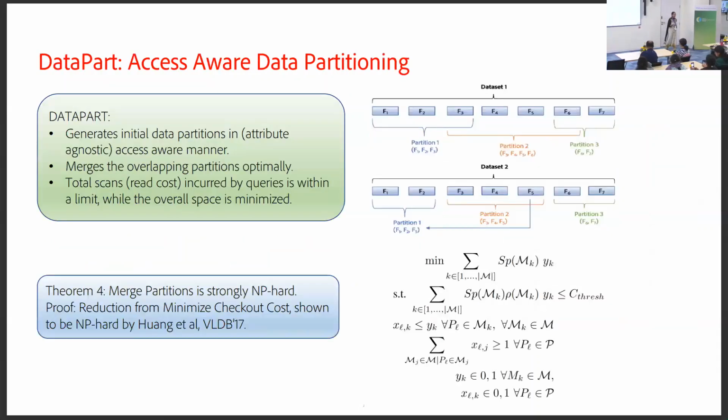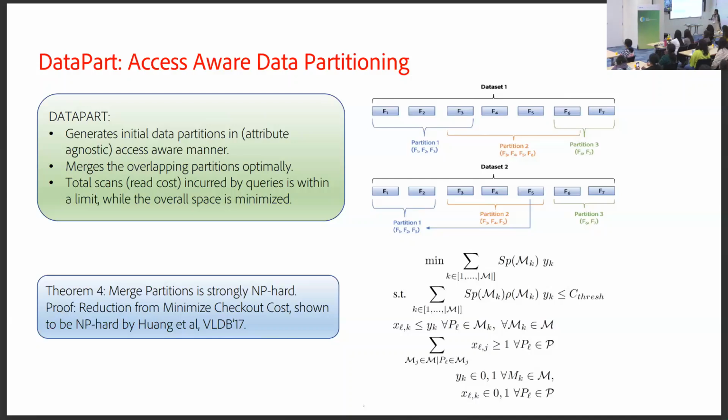Now, finally, coming to this orthogonal part, where we want to do workload or access-aware data partitioning. So far, we have looked at the data set as one single entity, and we decided whether to put it in hot tier, cool tier, and what compression algorithms to use. But should we consider the whole data set? As I said, certain parts of the data set might be more important than other parts.